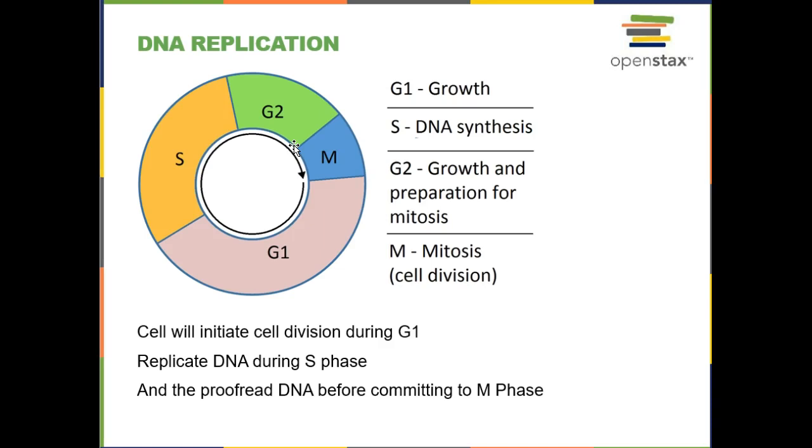In addition to growth and preparation for mitosis, that preparation includes proofreading the DNA and making sure that everything in the cell is prepared for a successful replication, so that you don't replicate when you have mutations in your DNA and then pass the mutations on to your progeny, which are then going to have them and pass them on to their progeny.